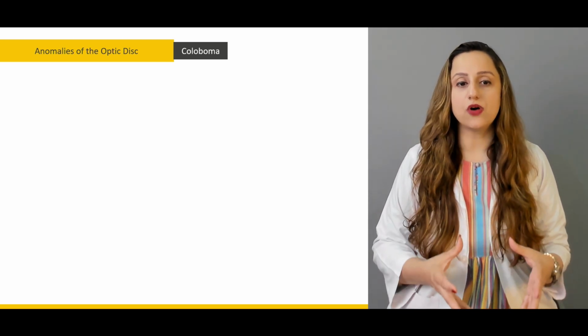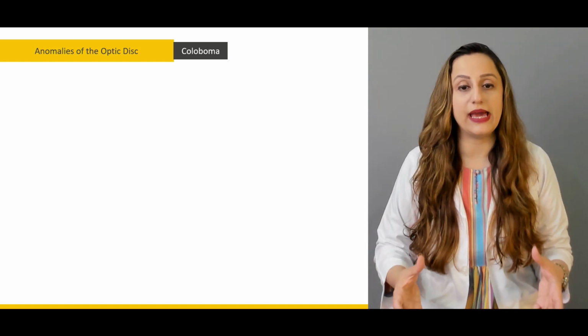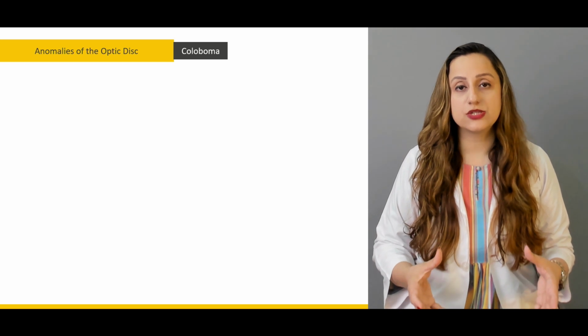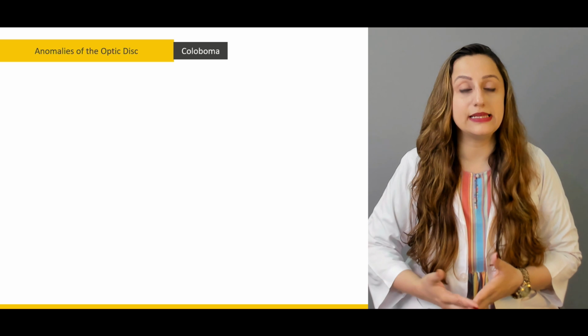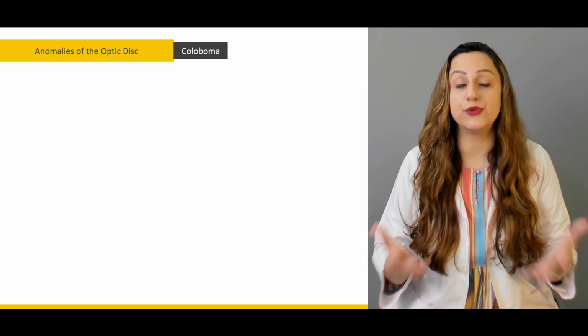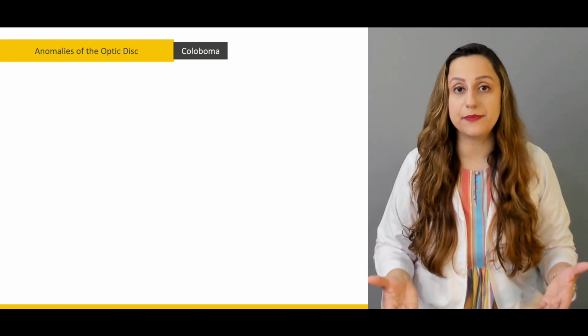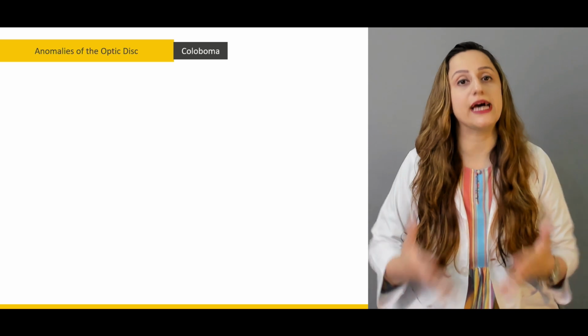The anomalies of the optic disc would be, on one hand, the colobomas. So just to give you an overview, what is a coloboma? It's basically a ring defect that is produced congenitally or by birth. It's a developmental disorder that is due to mutations at the genetic level.